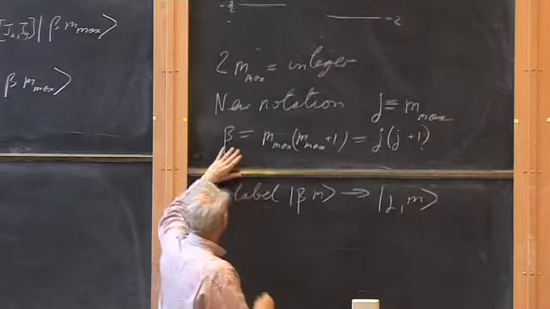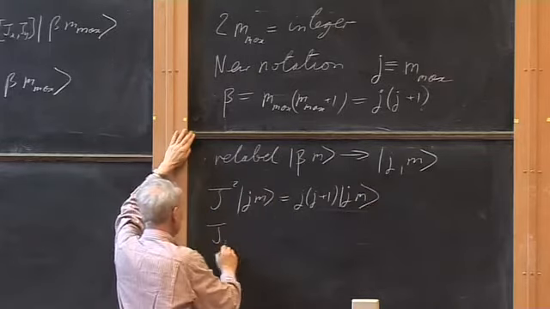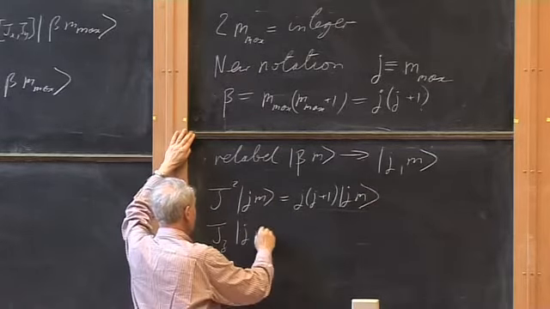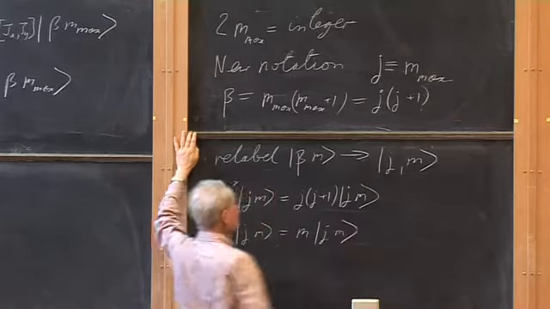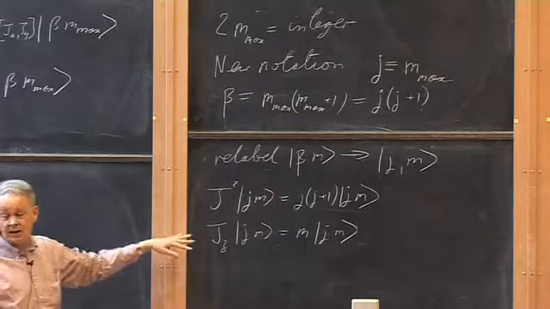That is to say, we have that J squared on |j m> is equal to j(j plus 1) |j m>. And we have that J z on |j m> is equal to m |j m>. This is the new notation universally used.